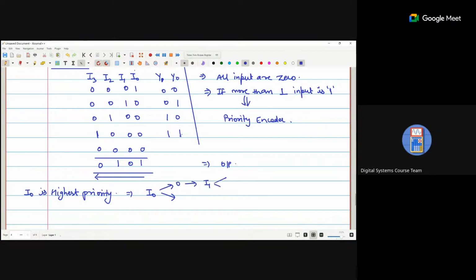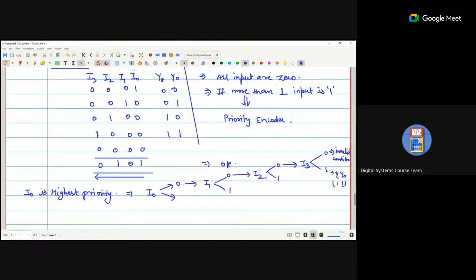Check whether I1 is 0 or 1. If I1 is 0, it will move to I2. Again check I2 is 0 or 1. If I2 is 0, it will move to I3. Again check if it is 0 or 1. If it is 0, we can say the invalid condition. And if it is 1, my Y1 Y0 is 1 1.